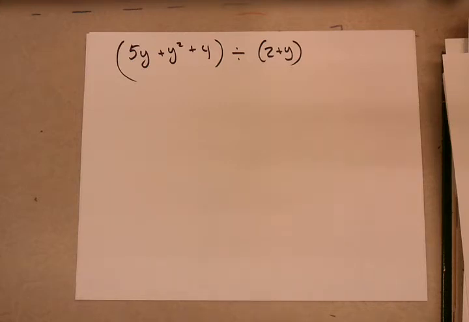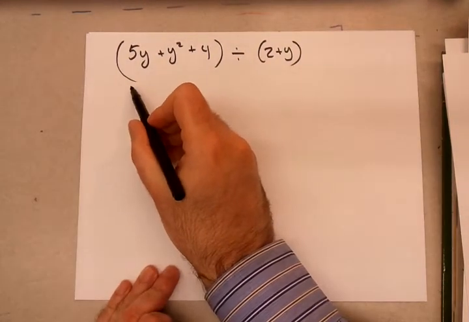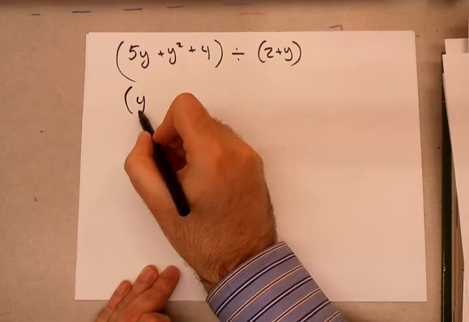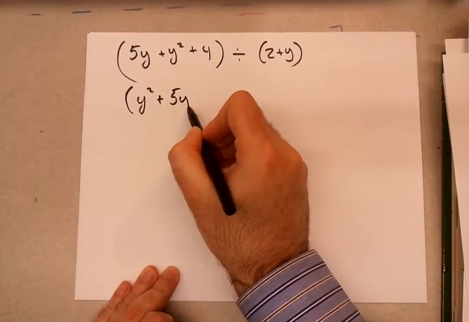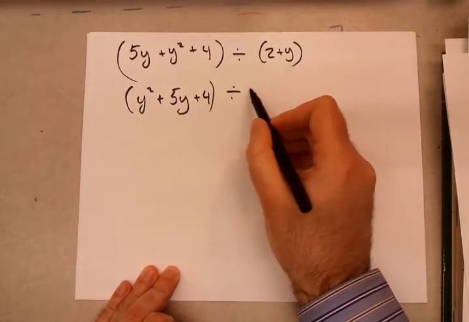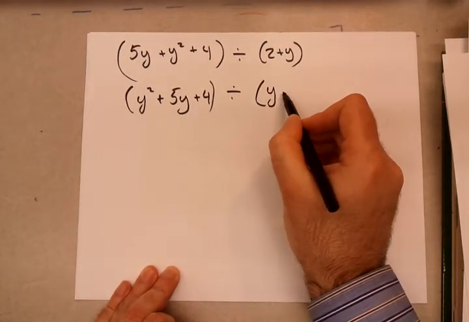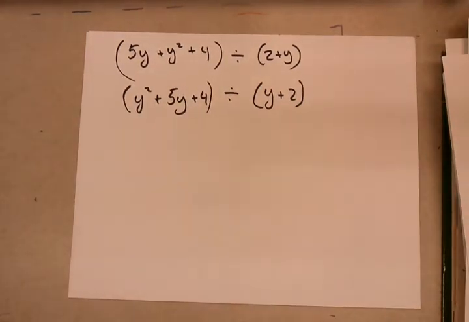Very much so for division. It's very important. So I'm going to rewrite these in standard form. The second degree monomial goes first, then the first degree monomial, and our 0 degree monomial, the constant, goes last here. And here the first degree monomial goes first, and the 0 degree monomial goes last. That's it. That was the only trick to that particular problem.